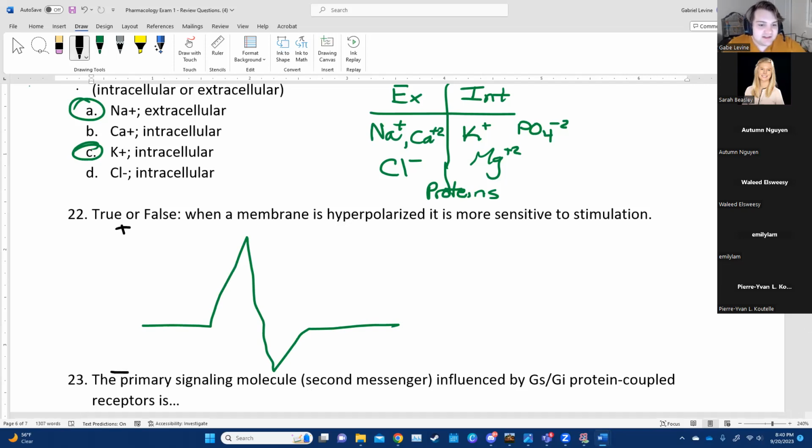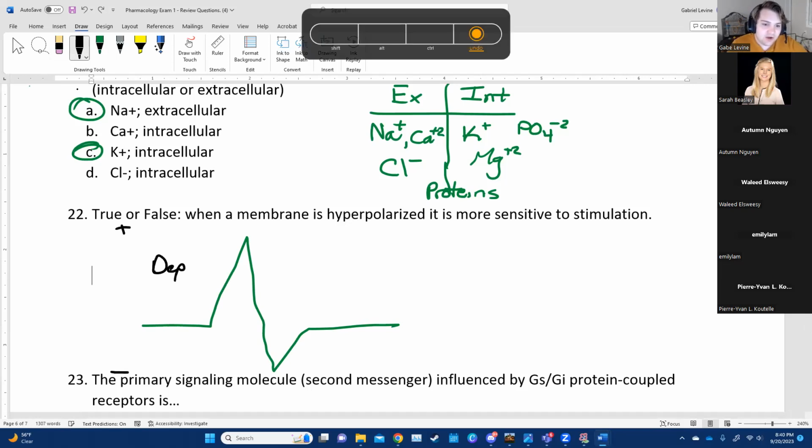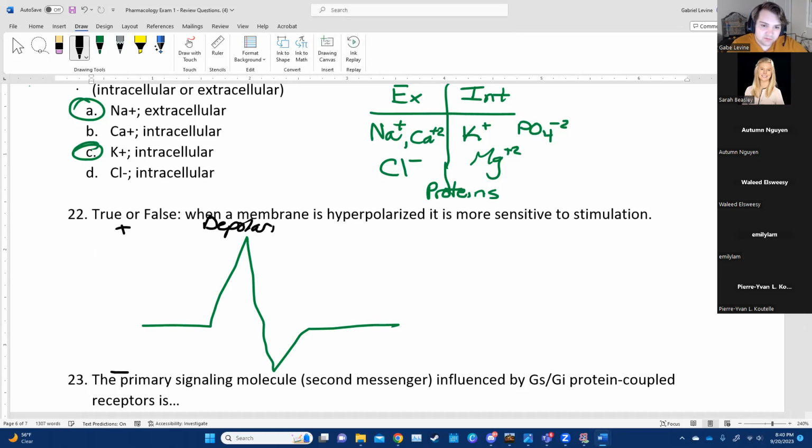So when we depolarize a cell, we go more positive. And when we hyperpolarize, we become more negative. Remember that this is the place where the money shot happens, right?